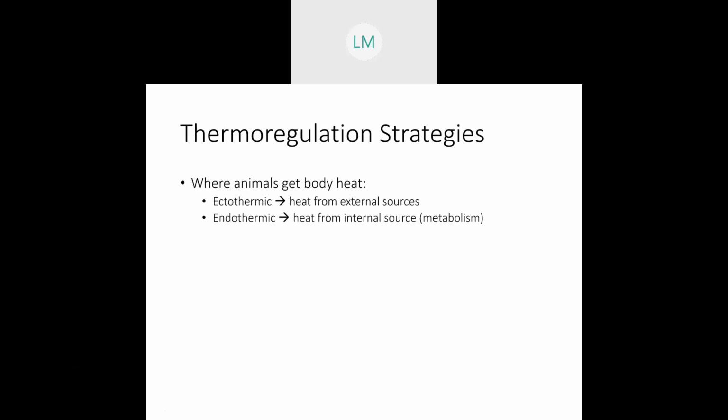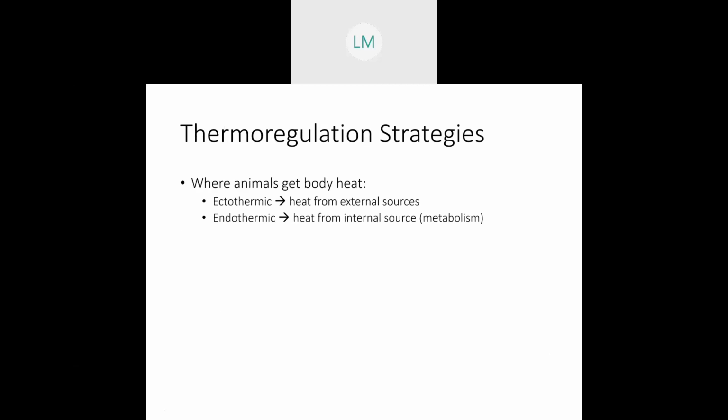So there are two different types of thermoregulation strategies. Two different types, and then kind of two different ways to get heat. So when we're talking about where an animal gets their body heat, you can either get your body heat from an external source like the sun. So you can be ectothermic, that body heat from an external source, or you can be endothermic and get your body heat from an internal source.